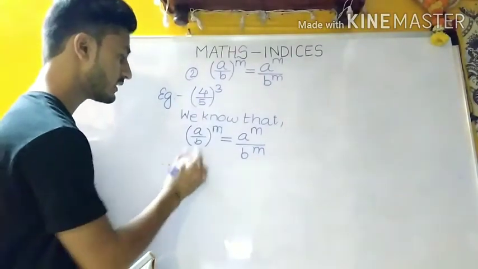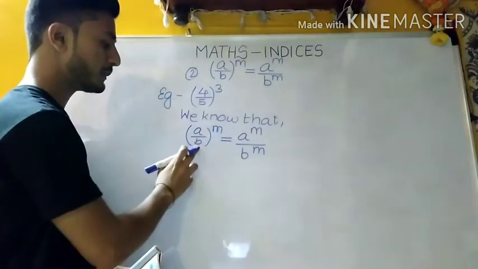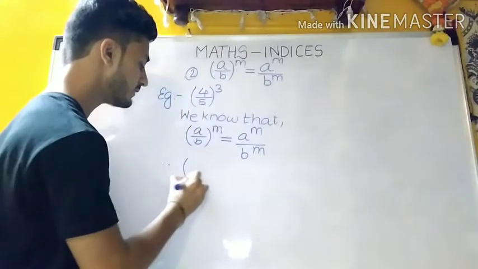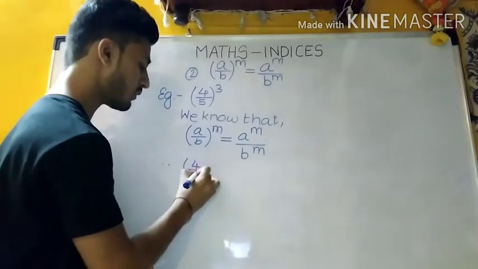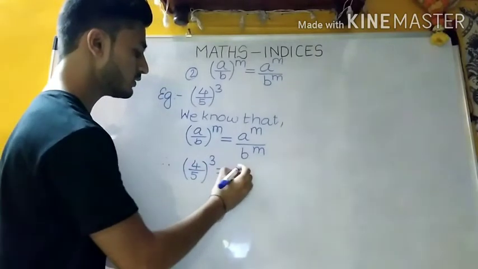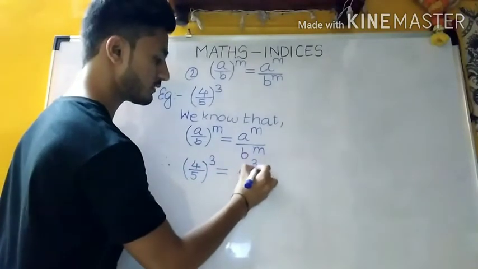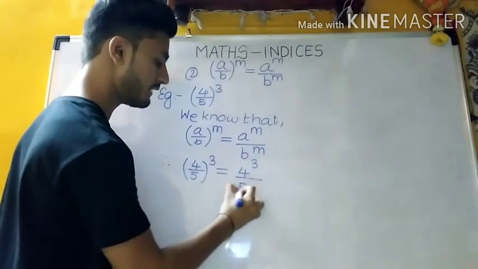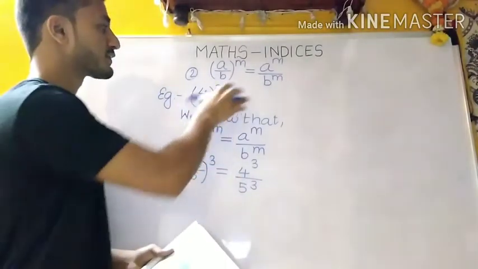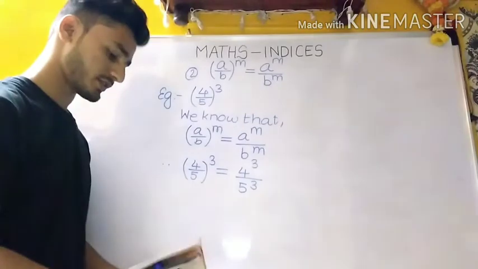Now here A is 4, B is 5 and the power here is 3. So it will be 4 upon 5 raised to the power 3 is equal to 4 raised to the power 3 upon 5 raised to the power 3. Getting? So this is how you are going to solve such type of questions.